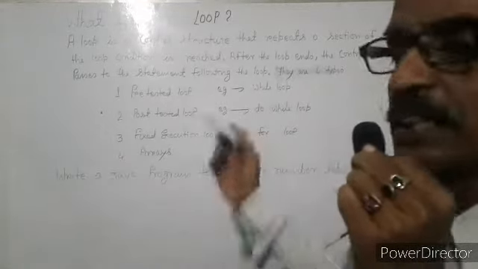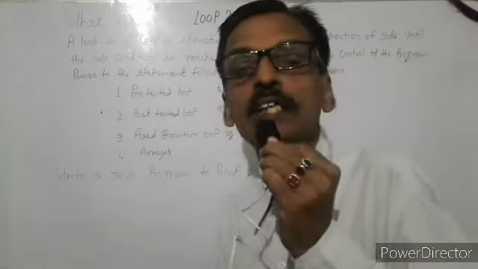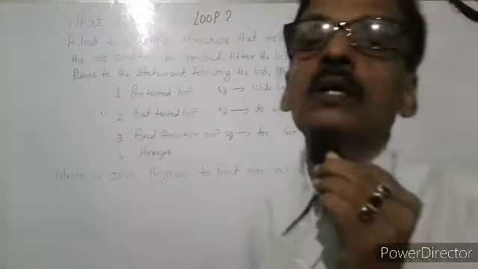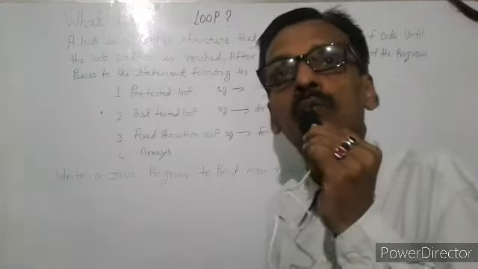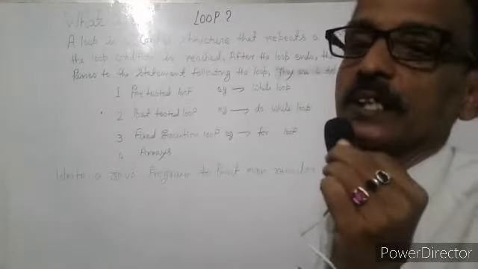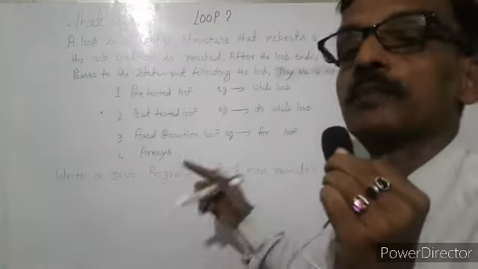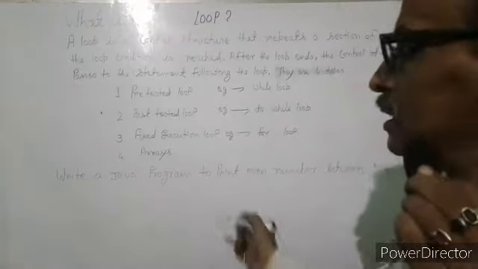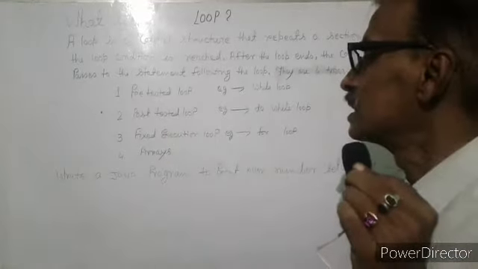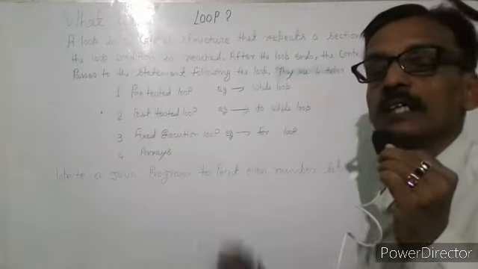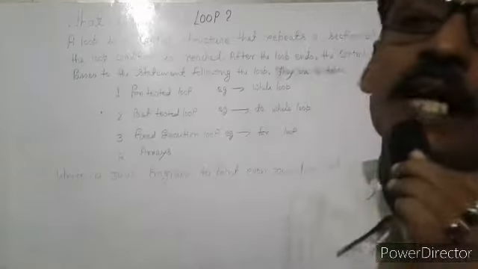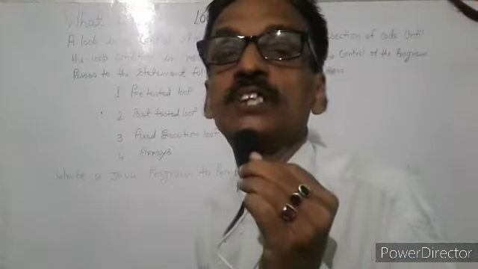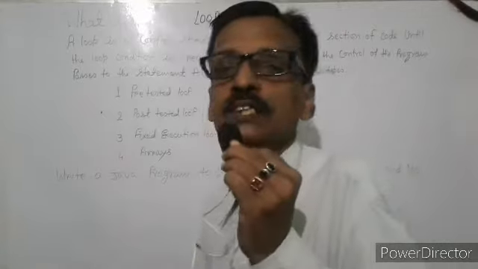Pre-tested loop: first of all, in this type of loop, we check the condition and then proceed for the process. Post-tested loop: in this loop, we proceed for the process first and then check the condition.